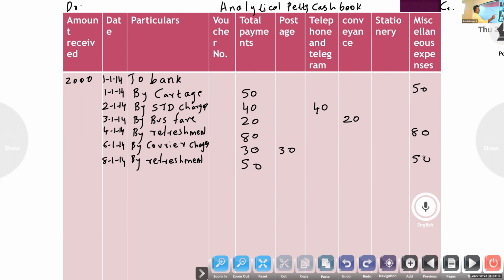Refreshment, same, miscellaneous. Next, 10, by cartage 35, already we said it is miscellaneous. Next, 15, by taxi fare. Anila, by taxi fare. Conveyance. Yes, conveyance.